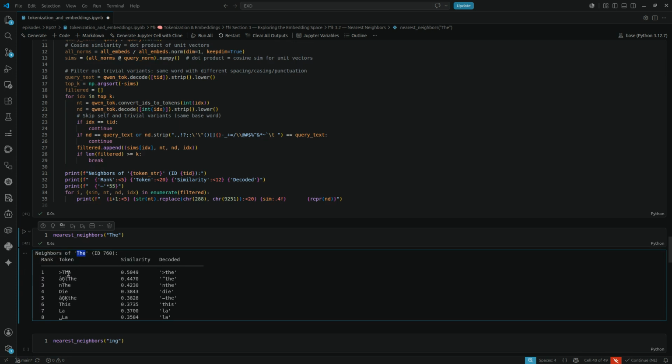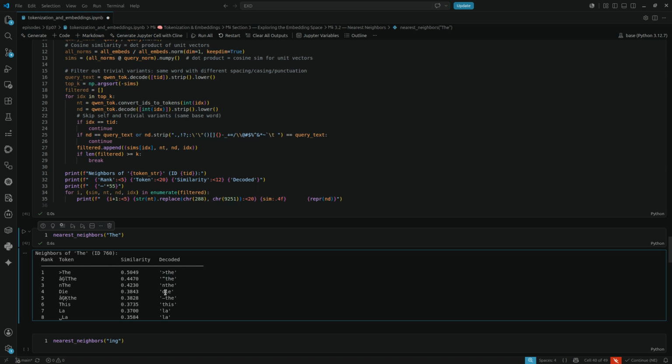So look at what it's found. It found this "the" with, I think this might represent a space, this represents some other special character. It found basically variants of "the", but then it found DIE, which is German for "the". Oh, sorry, this is the decoded string. So this is greater than "the", this is quotation "the", this is n "the", this is probably space, maybe there's a backslash here, "the".